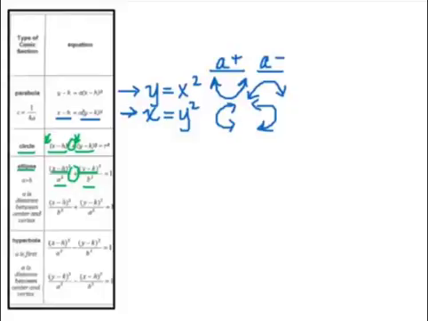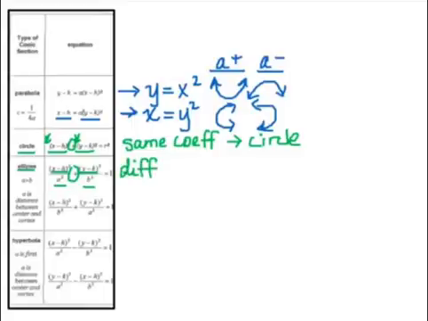If there's a coefficient in front of the x and a coefficient in front of the y, and they're the same coefficient, then that's going to be a circle. If there are different coefficients in front of the x squared and y squared, then you're going to have an ellipse, because that'll make it lopsided when there are different coefficients.